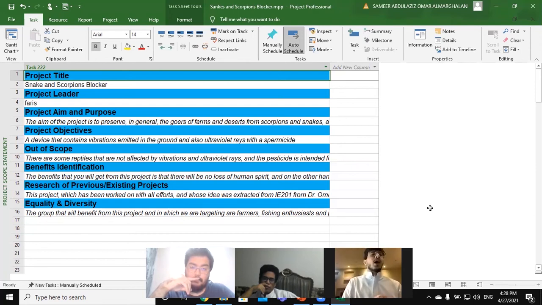And the group that will benefit from this project, which we target, is people who live on farms or in the desert. We focus on this group living in this area.